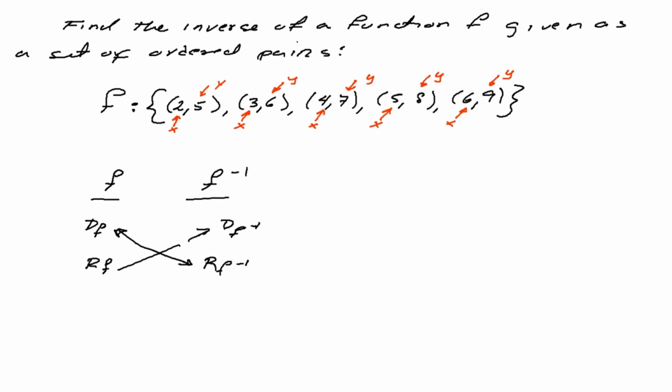So the only thing you have to do if you want to find the inverse of this function is to switch the x and y coordinates of each ordered pair.